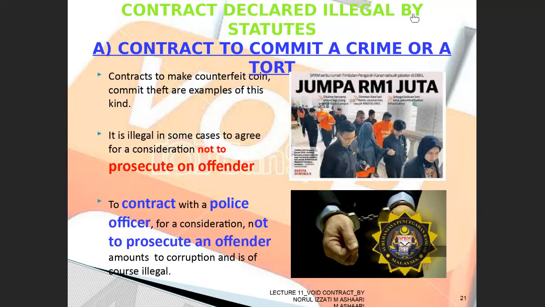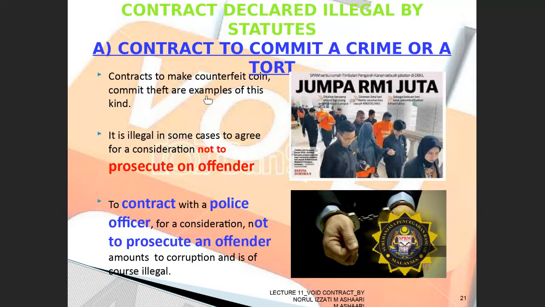A contract for bribery is definitely illegal, not allowed. Another example, a contract to break into a house, a contract to kill people, as long as it is considered a tort or crime against the law, it is not allowed. A contract to make a counterfeit coin or commit theft are examples of this kind.